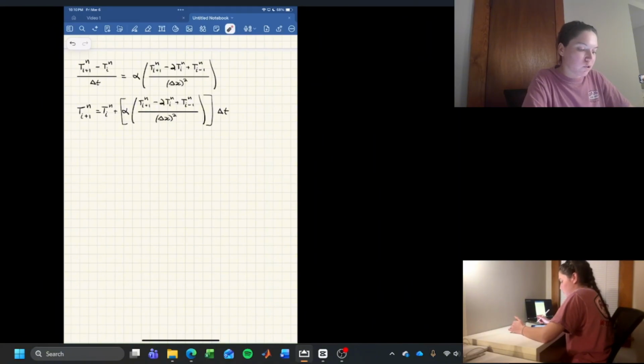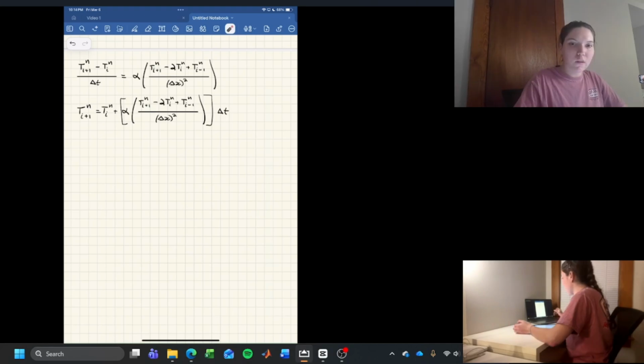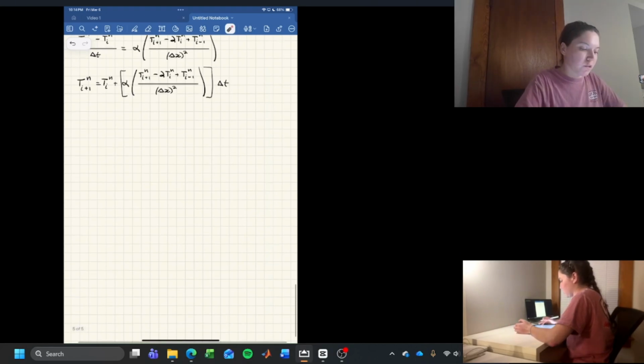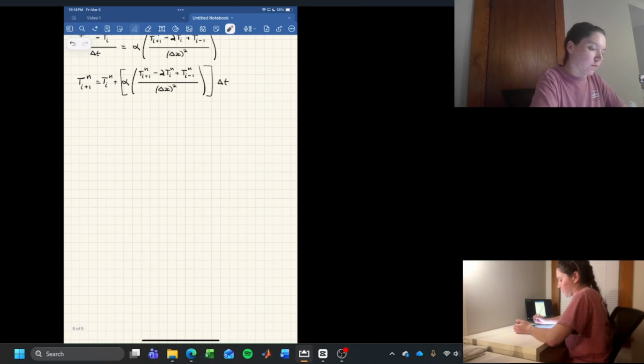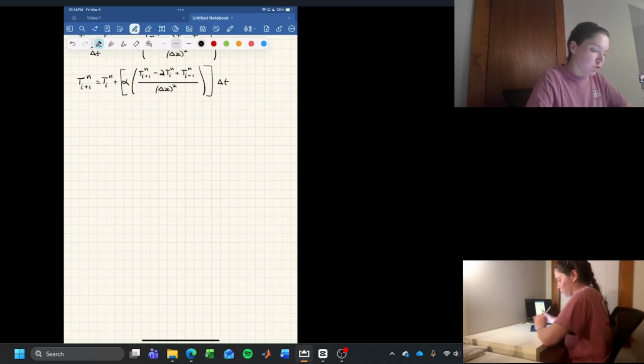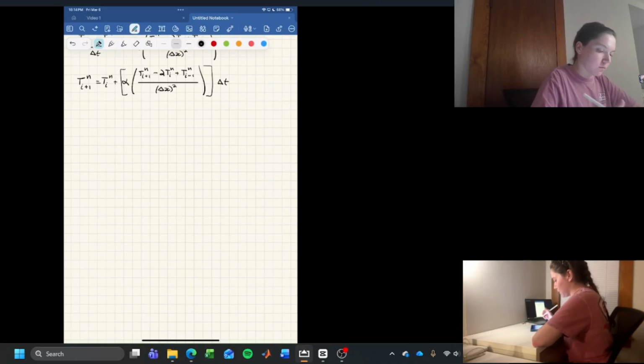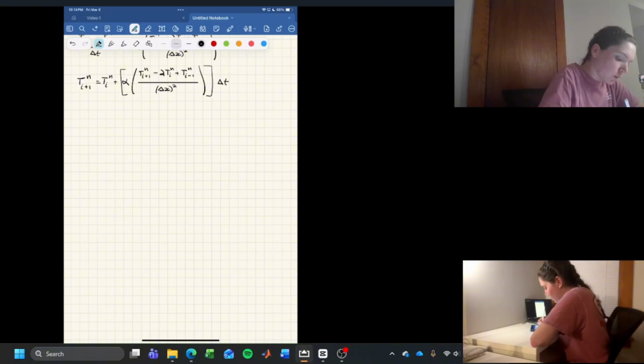But now we want to try to model this in Excel, so we can rewrite this once again to make that a little bit easier. When we take this equation into Excel, we want to limit the amount of variables that we have to use. So I'm just going to rewrite this in a little bit more simple terms.